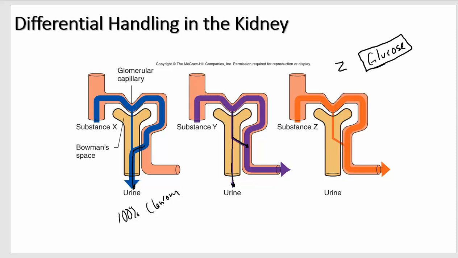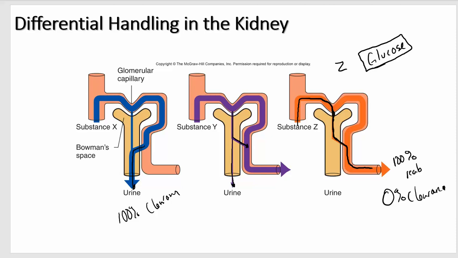So glucose moves through with the filtrate, but then it is reabsorbed 100%. So that's 0% clearance.